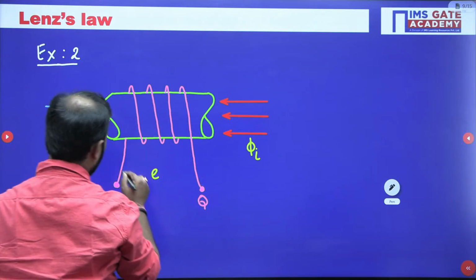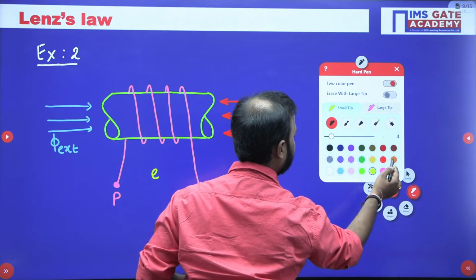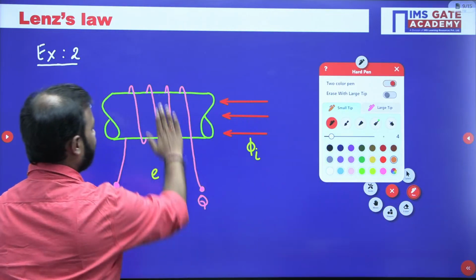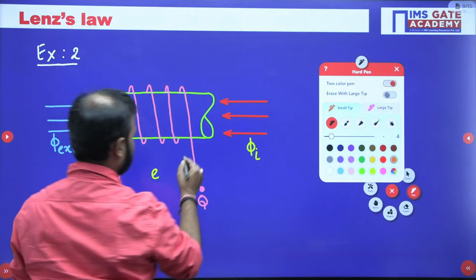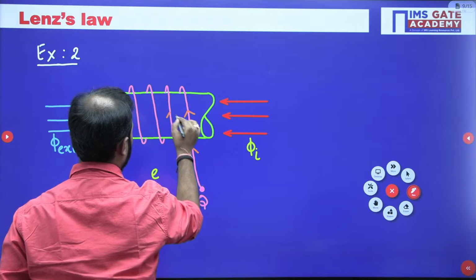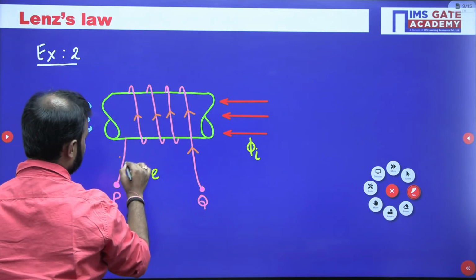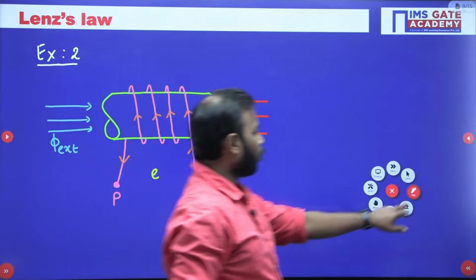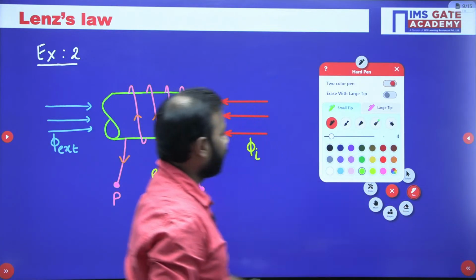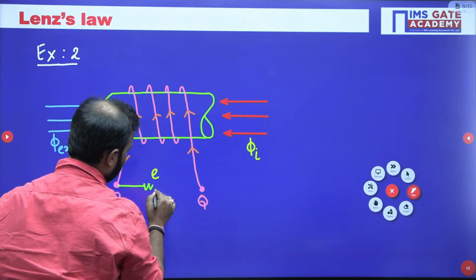Let me change the color. So from front side it is upward, right? So this is front side, upward, and from back side it is downward. Then what I told you, assume the fictitious resistance like this.